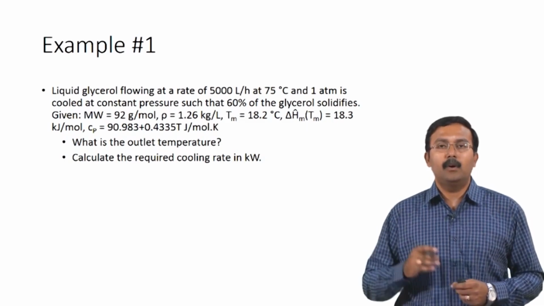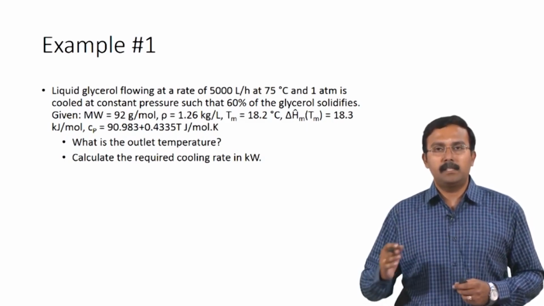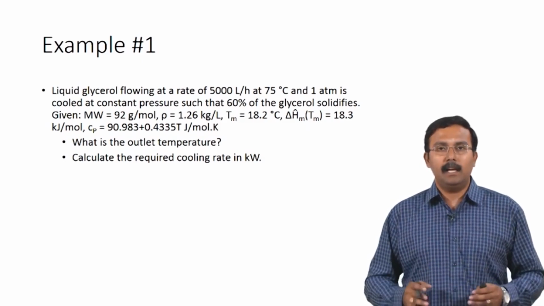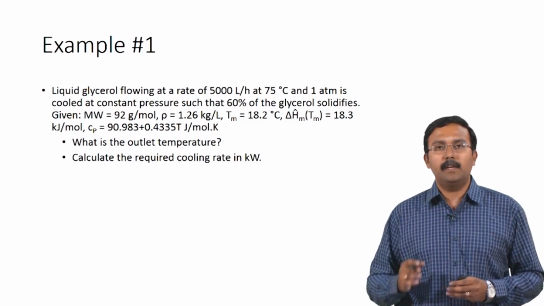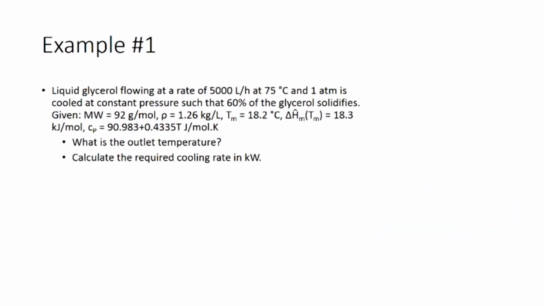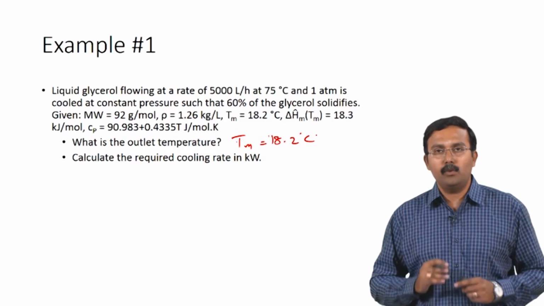This would happen only when you have the mixture at melting point. Because of this, we can directly identify the temperature of the outlet stream as the melting point. So, the outlet temperature would be equal to Tm, which is equal to 18.2 degrees Celsius. We do not need to perform any calculations to identify that.